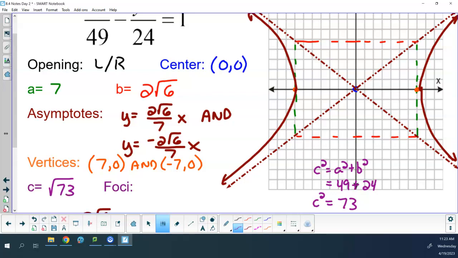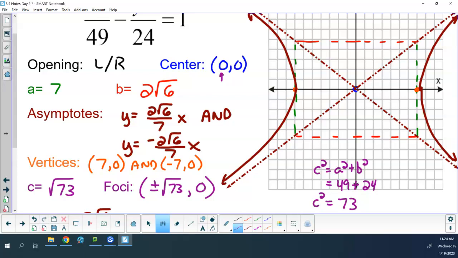Since it's left and right, we're going to add that to the x part of my center. If it were up and down, we would add it to the y part of my center. So the foci are going to be at 0 plus and minus the square root of 73, comma 0.